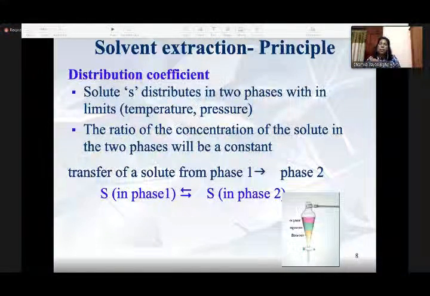Then if there are some solutes or analyte that prefer to go to the organic layer, then even if it is in the aqueous layer, it tries to go to the organic layer. If there are some analytes in the organic layer that prefer the aqueous layer, then they move to the aqueous layer. So after some time, it comes to equilibrium, right?